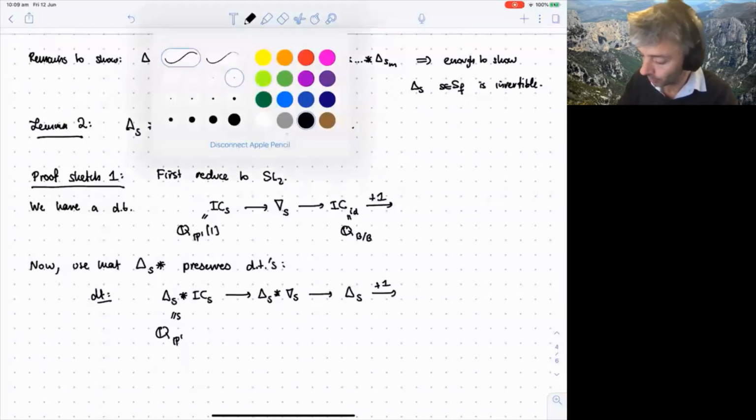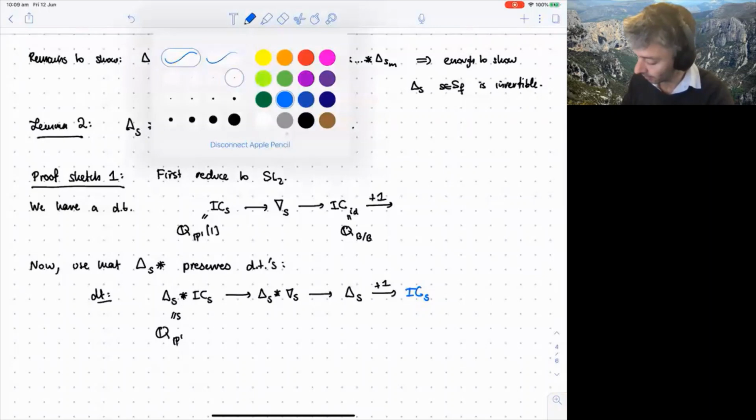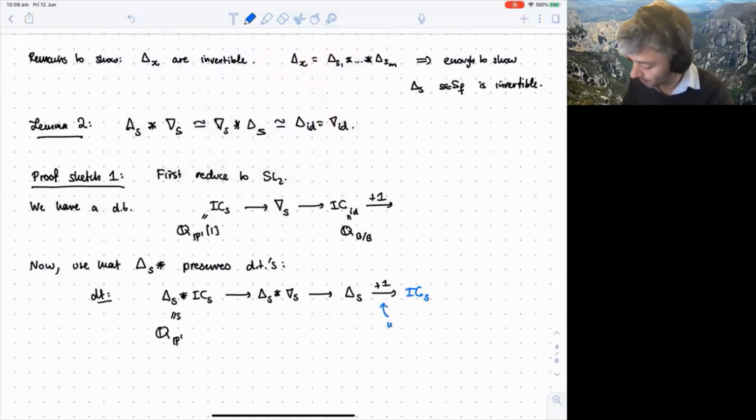And so if we put this over the other end of our distinguished triangle, this becomes IC S. And we argue that this is non-zero. And if this is a non-zero map, then we know that there's a surjection from delta S onto IC S, whose kernel is precisely IC of the identity.